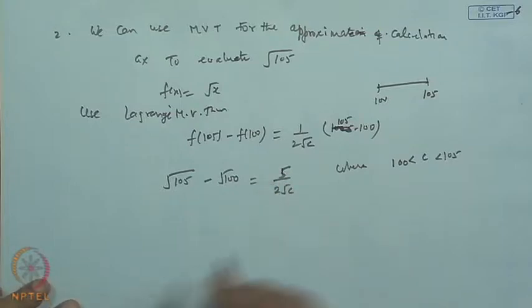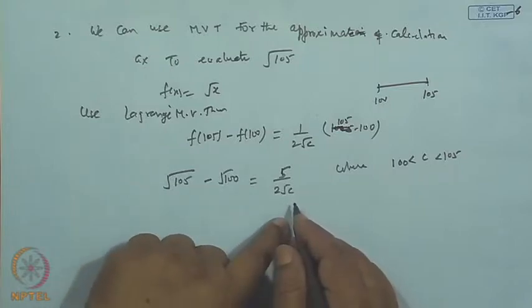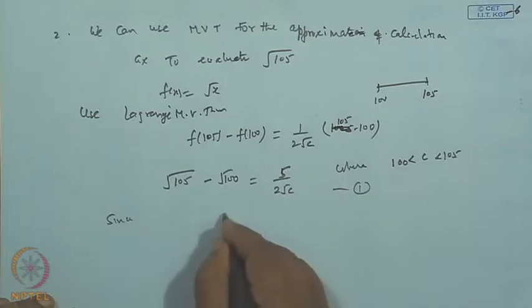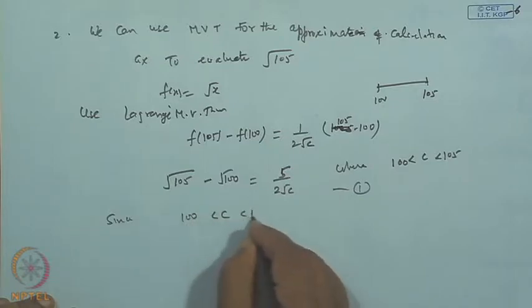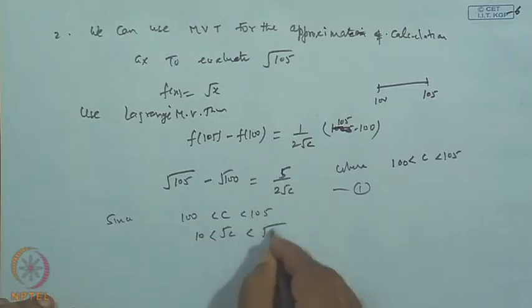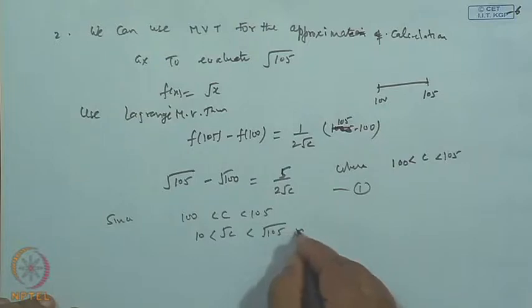So, 5 by root 2. We can approximate root 2 now. Since our c lies between 100 and 105, root c will lie between 10 and root 105, which is approximately or less than, say, 11.